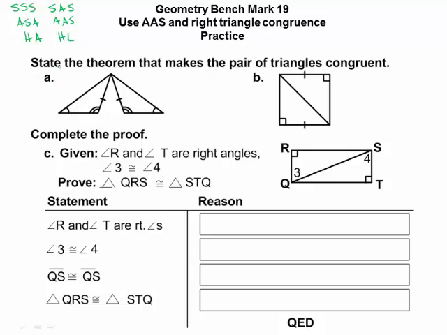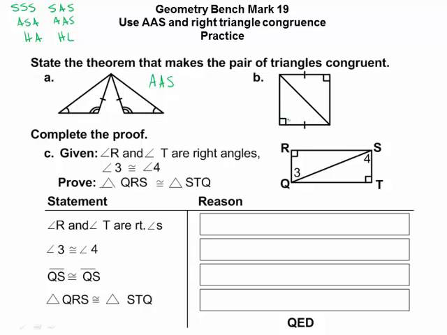Those are the 6 ways that triangles can be congruent. Okay. If you see that you have two angles, you're going to have either the side in between them or the side next to them. So I see I have two angles and the side next to them, and it goes in order, angle, angle, side. So I have angle, angle, side.